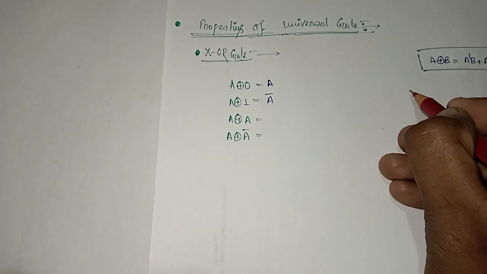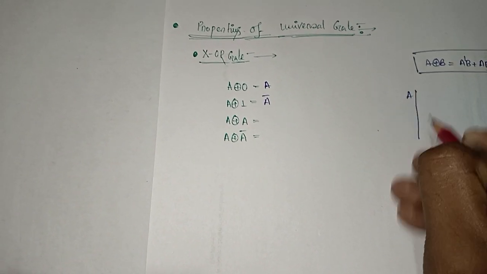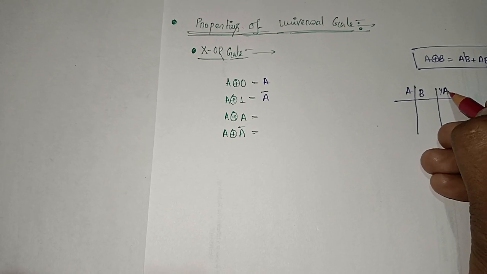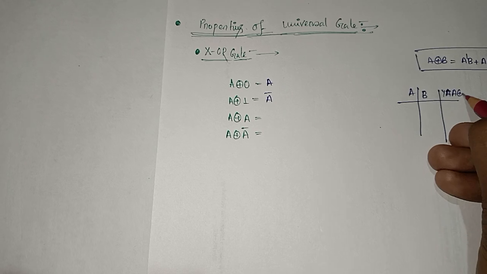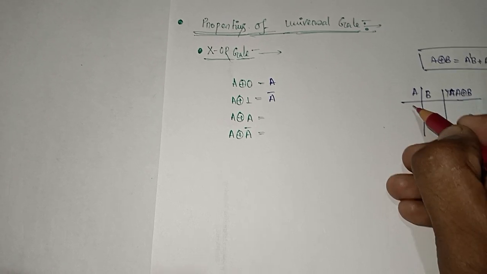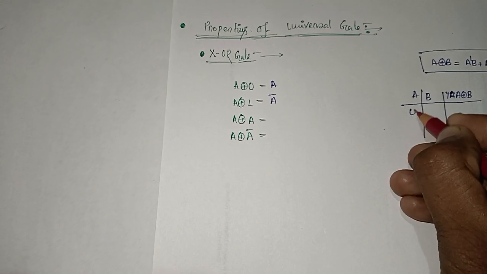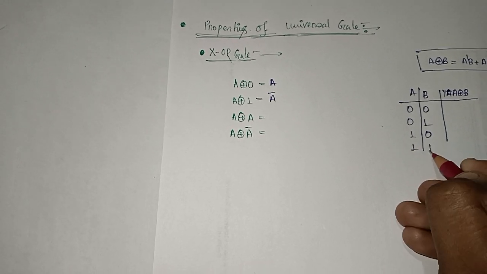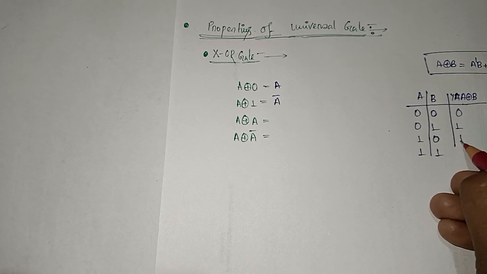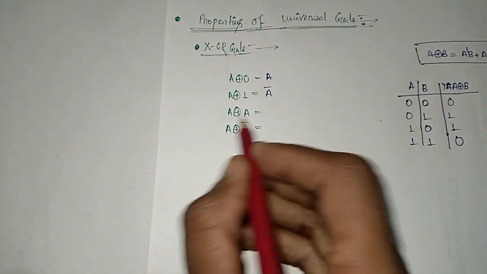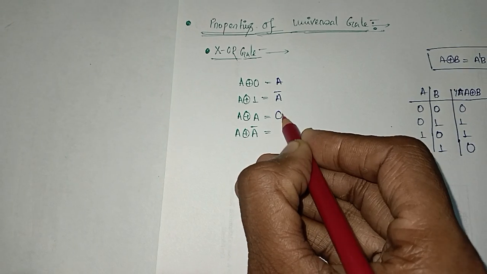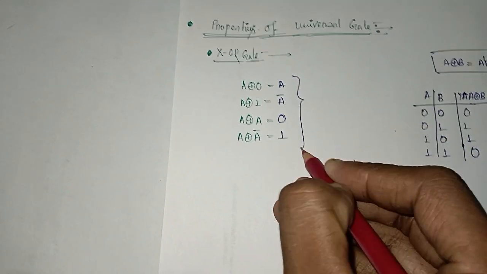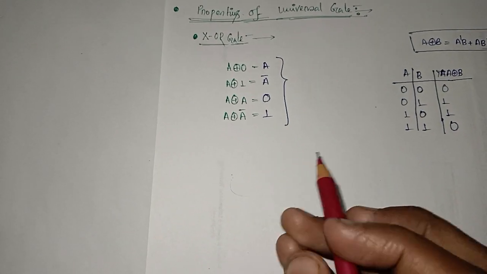We know from the truth table that the XOR gate is an inequality detector, meaning whenever an odd number of 1s is present or unequal inputs are present, the output is 1, otherwise the output is 0. So this is an inequality detector. For same inputs we get output 0, and for unequal inputs we get output 1. So these are the basic properties of the XOR gate.